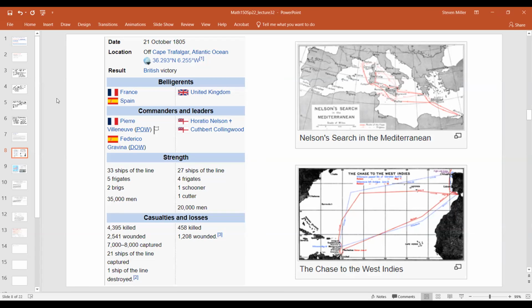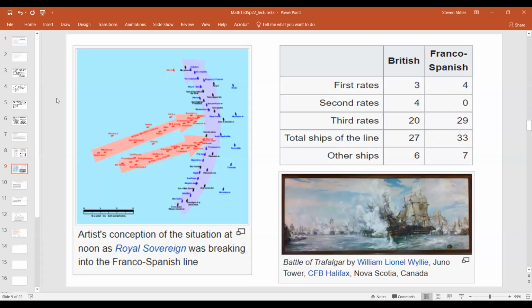So we're going to talk a little bit about the mathematics behind this. So what was Nelson's battle plan? He was in charge of the British fleet. He basically had his forces coming in to the combined fleets from France and Spain. And the idea was to have the main part of the British fleet split off a good chunk of the French-Spanish ships and deal with them, while a smaller number of his ships would do a delaying action and just try to keep a bunch of the French and Spanish ships out of the main battle.